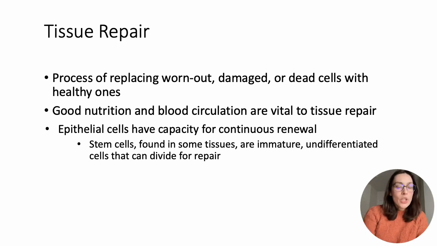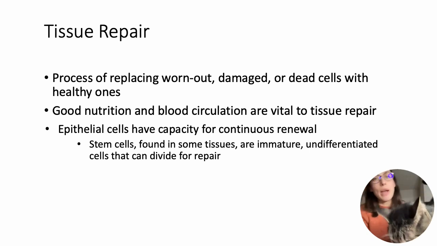So epithelial cells, although they don't have immediate blood flow to them, are always attached to connective tissue, like areolar connective tissue, that is very, very vascular. So they have a relatively good blood supply in most cases. We will talk about the exception in our skin in a future chapter.